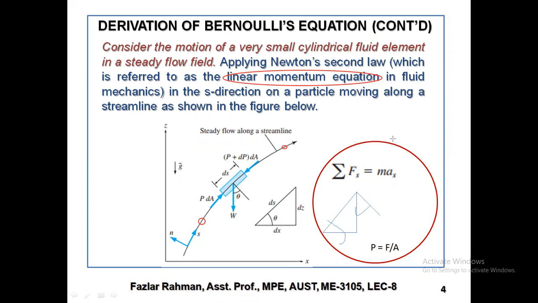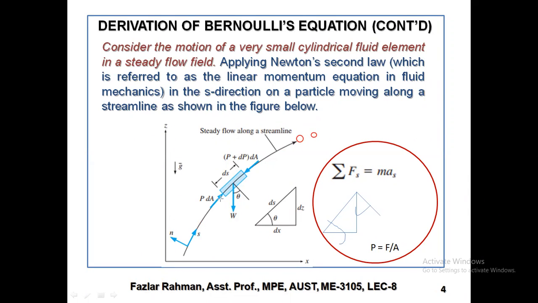So what we'll do, in this fluid element, we apply Newton's second law: summation of F working along the streamline will be equal to the mass of the fluid particle into its acceleration. Now, why is this fluid particle moving in the right direction, along this direction?